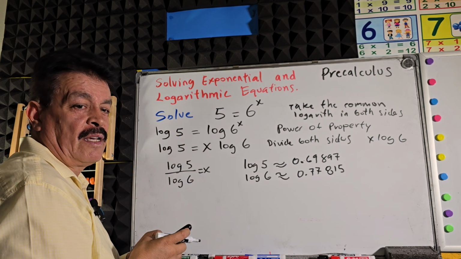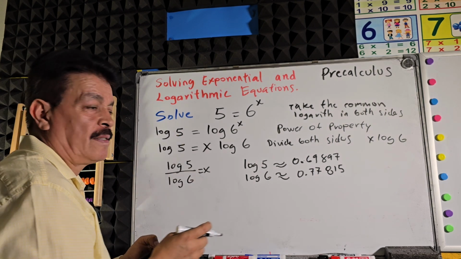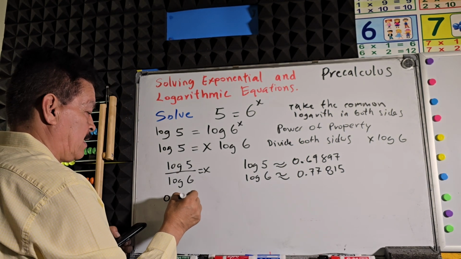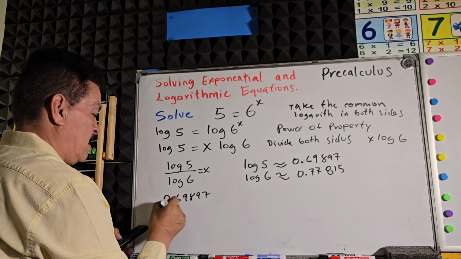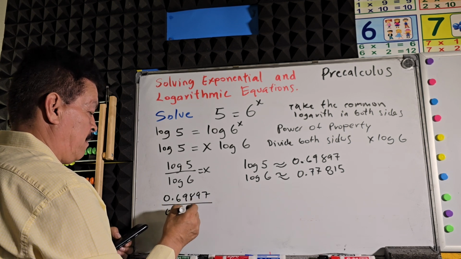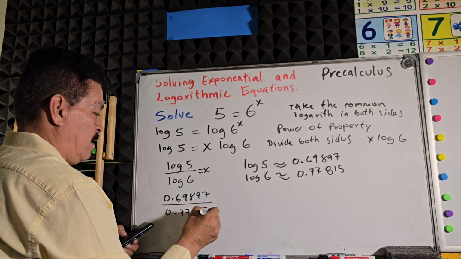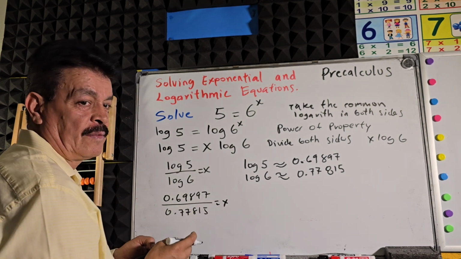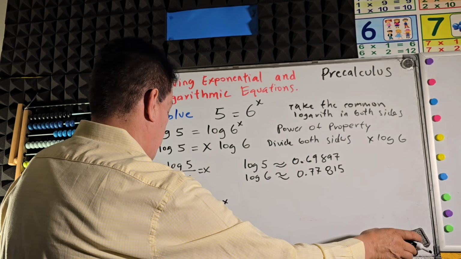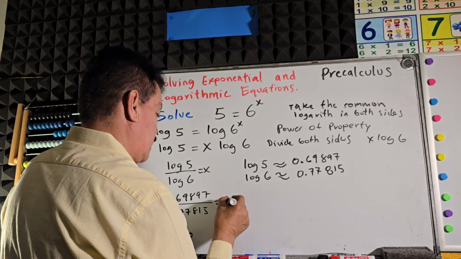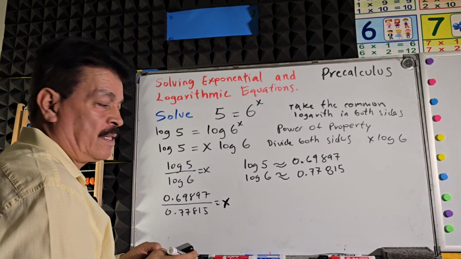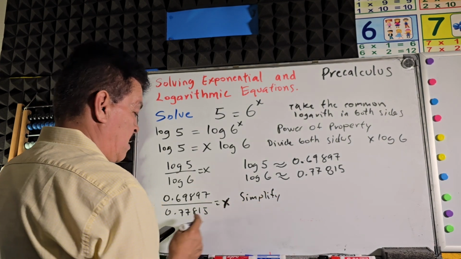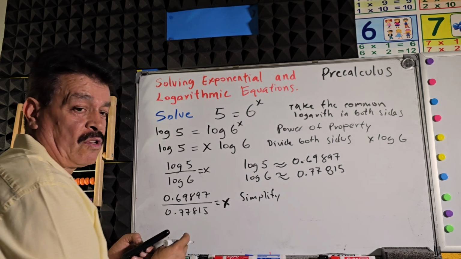So now those kind of numbers we have to divide, right? So this is the step: 0.69897 divided by 0.77815 equals x. Now simplify, I mean divide those numbers.